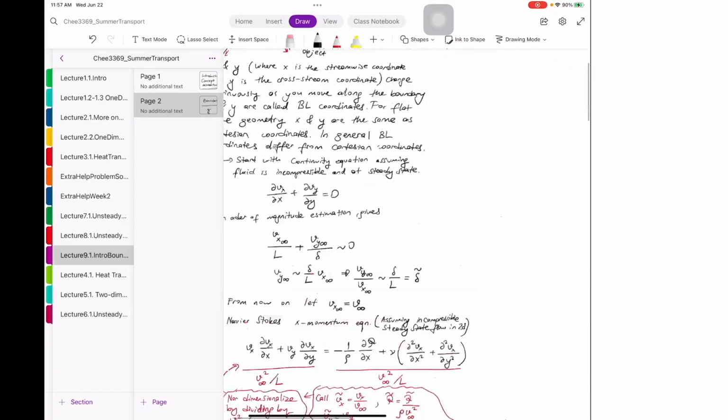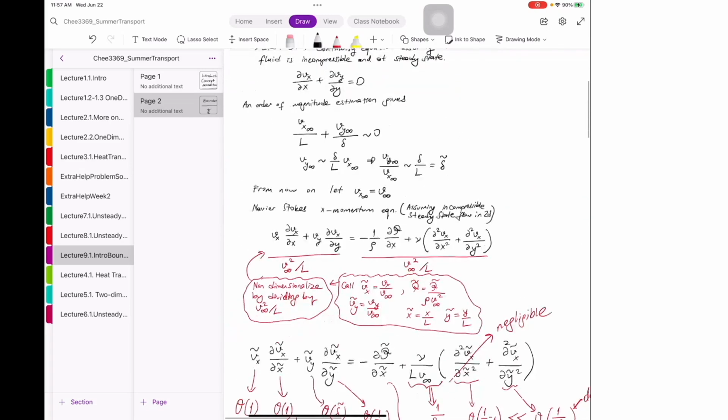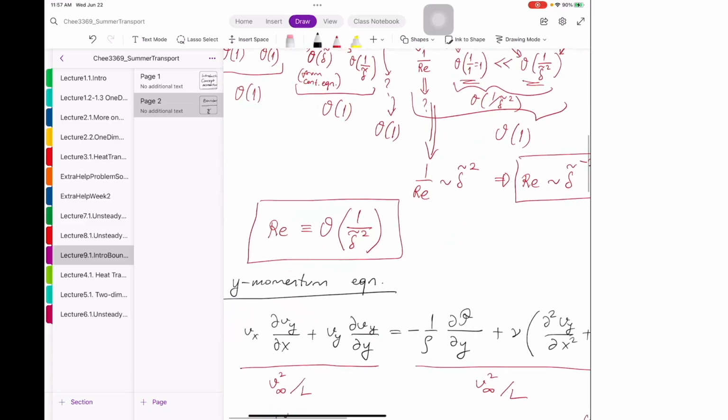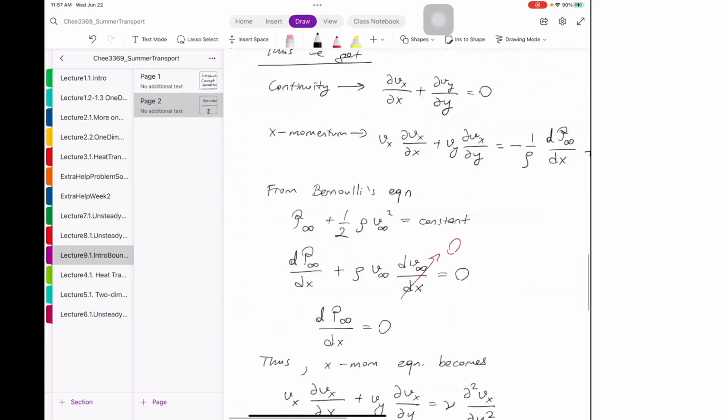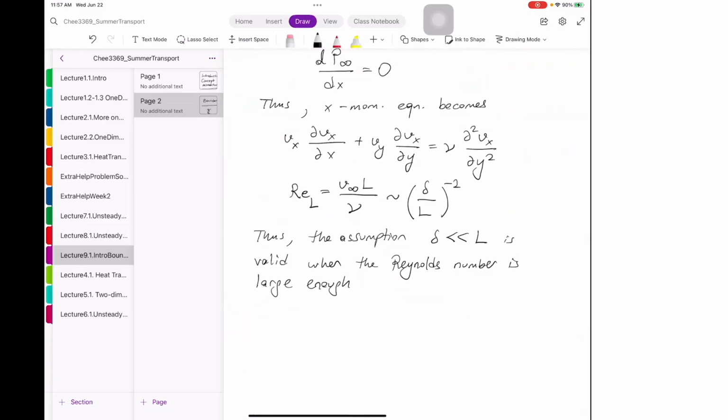Remember, we assumed in the beginning that delta is much less than L, and that's how our scaling arguments went. We assumed that delta tilde is much less than 1. So that gave us this answer. So this answer must be valid when this is much less than 1. That means when the Reynolds number is much larger than 1. So we are talking about high Reynolds number flows here.